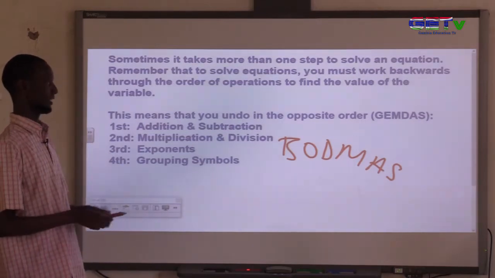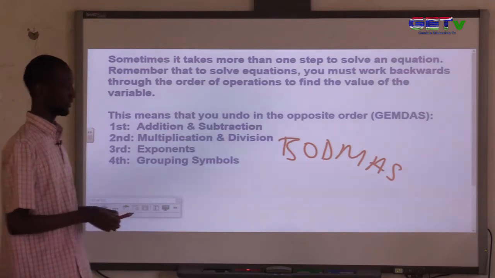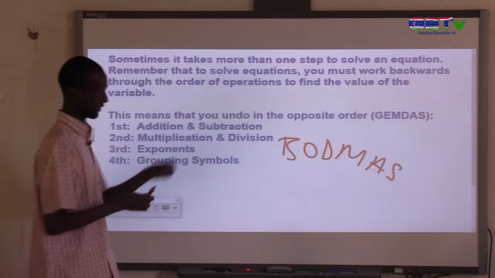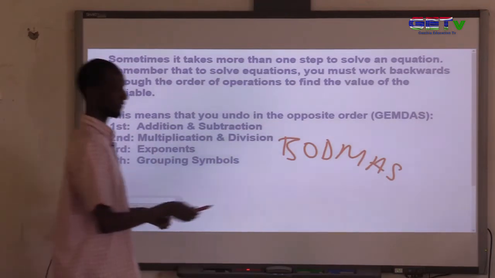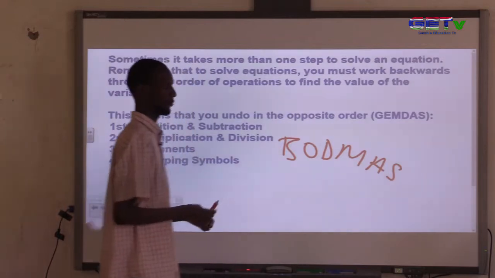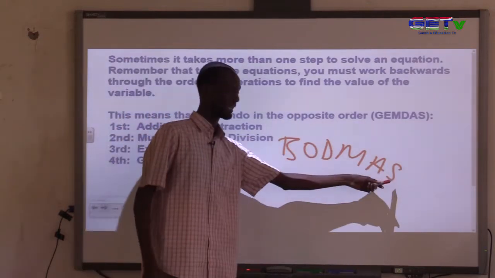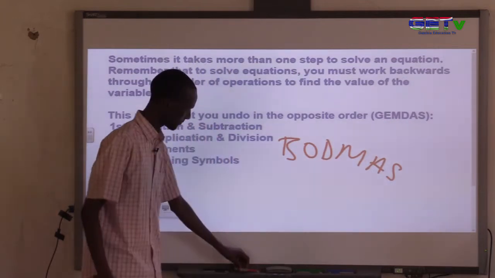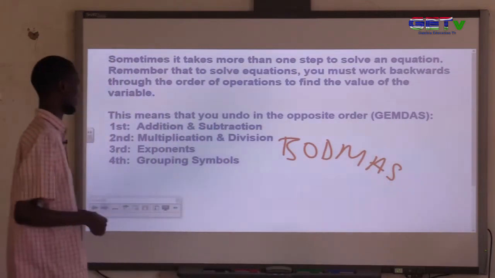But when solving an equation, you walk backwards through this order, which means you start from subtraction, addition, going right down to the brackets. So we don't divide before subtracting. Instead, we subtract before dividing.